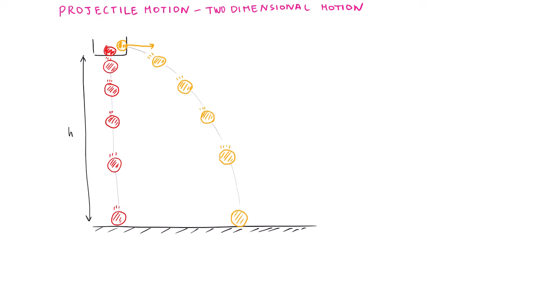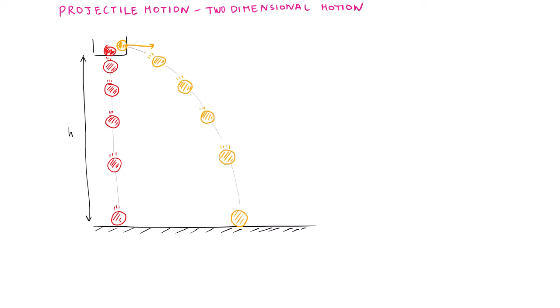The two balls hit the floor at the same time. This means that the vertical motion of the yellow ball, the one that was launched horizontally, is not affected by the fact that the ball is also moving horizontally. The vertical motion of each ball is a free fall, which is the same for all objects.